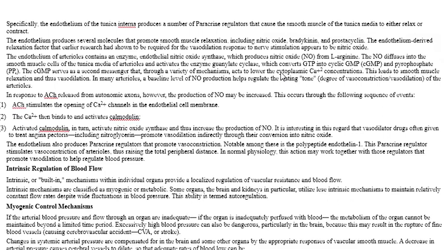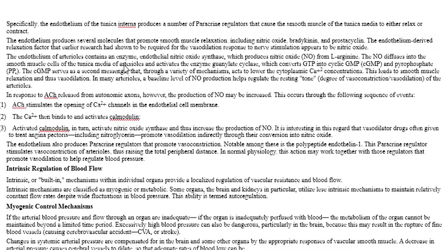This is something related to metabolism or biochemistry. Cyclic monophosphate serves as a second messenger that through a variety of mechanisms acts to lower the cytoplasmic calcium. This is not very important for you to know, the mechanism of the endothelium for nitric oxide.